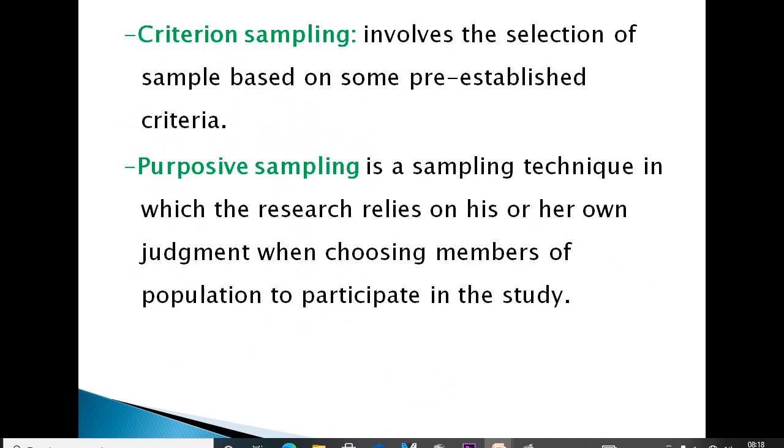We have criterion sampling, which involves the selection of a sample based on some pre-established criteria. We have purposive sampling, the sampling technique in which the researcher relies on his or her own judgment when choosing members of the population to participate in his study.